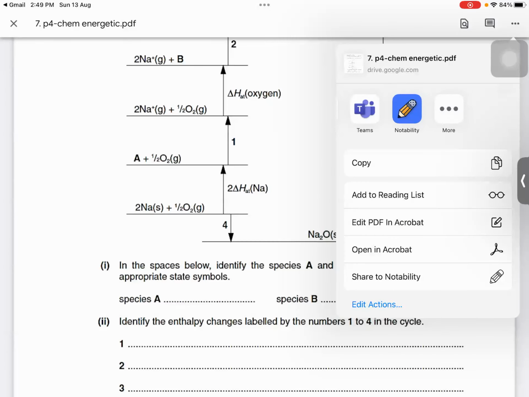Then the electron affinity will also be multiplied by 3. Yes, so H6 multiplied by 3, H7 multiplied by 3. H8 is lattice energy. Very good.